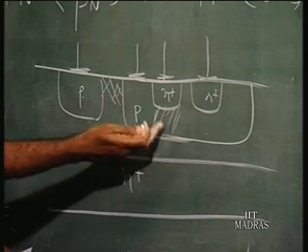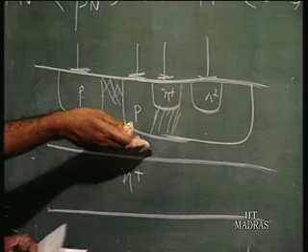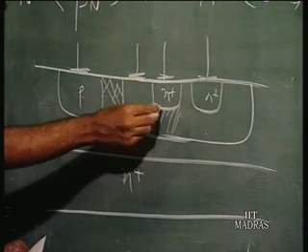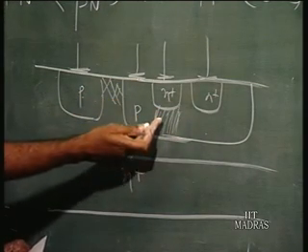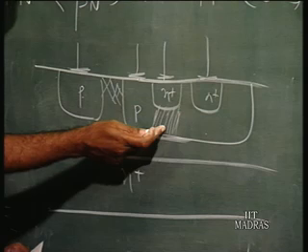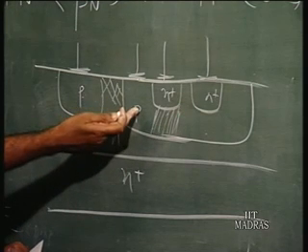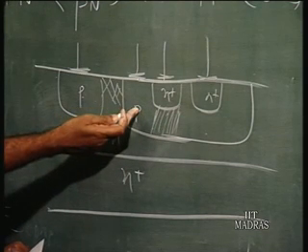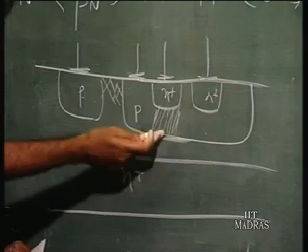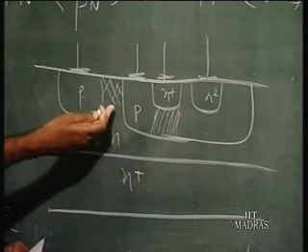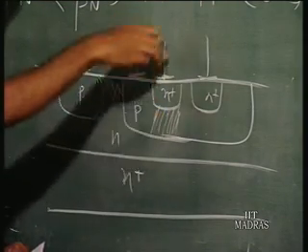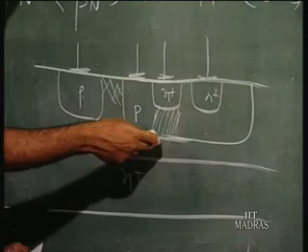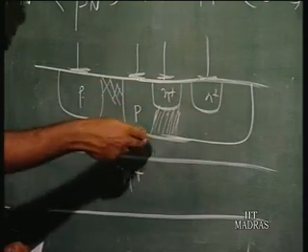the base concentration for the NPN, because you are diffusing into the substrate, the base concentration of the NPN obviously is going to be higher than that of the PNP. Okay, NB for the NPN obviously is going to be higher than the PNP, because you are creating that base of the NPN by diffusing into that substrate. Okay.